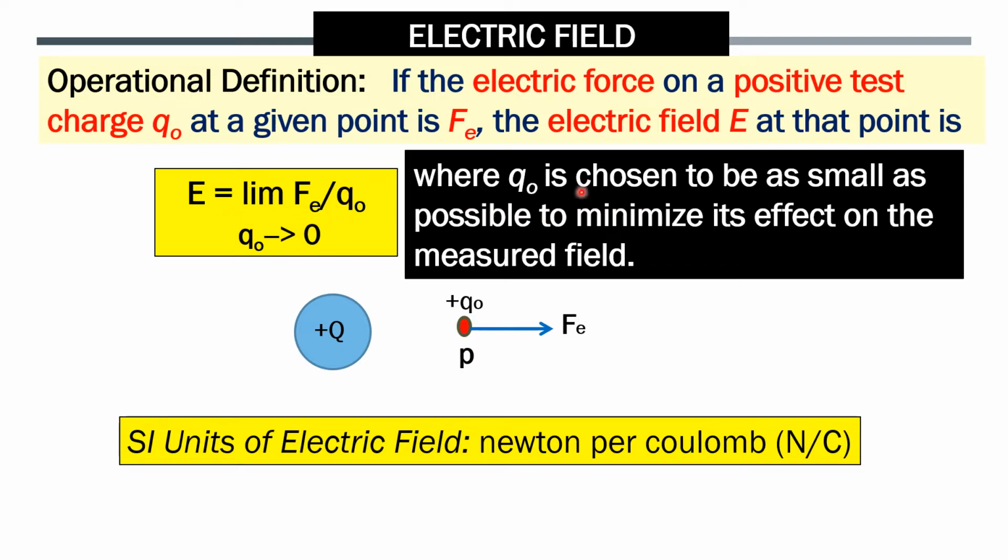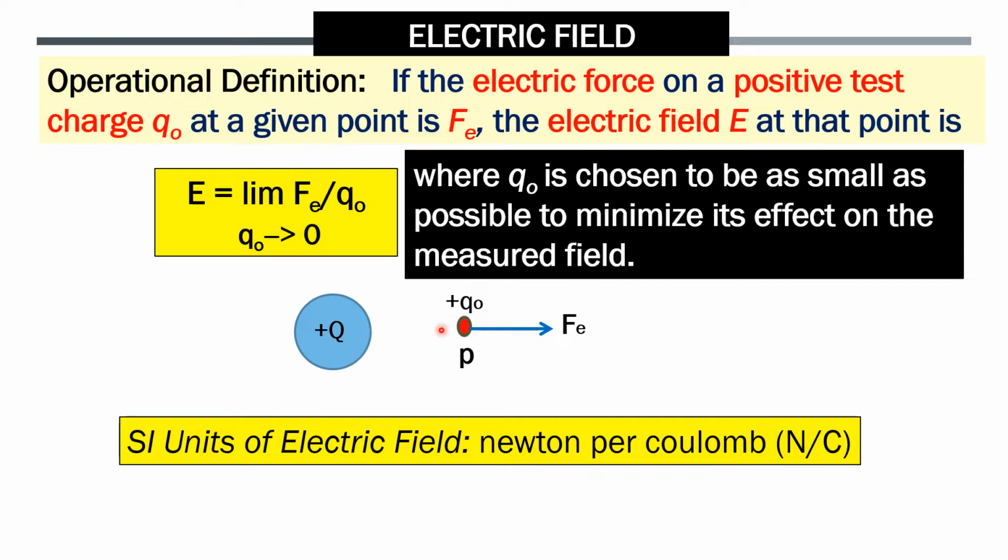The assumed small Q naught is too small as compared to the center charge big Q in this illustration.